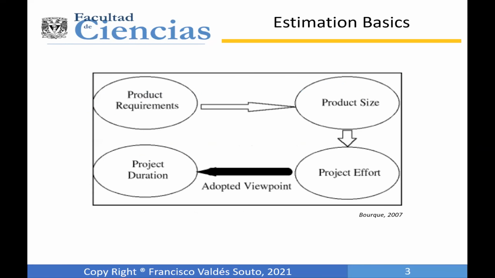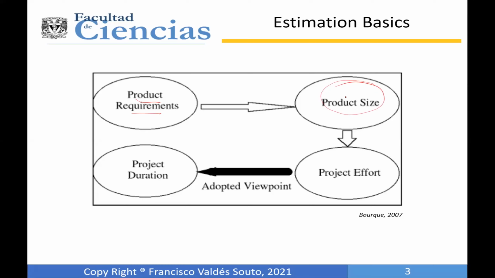I'm going to begin with the estimation basics. Related to software, we need to get product requirements. When we get the product requirements, we understand that we can have a measure of those product requirements and identify the product size.